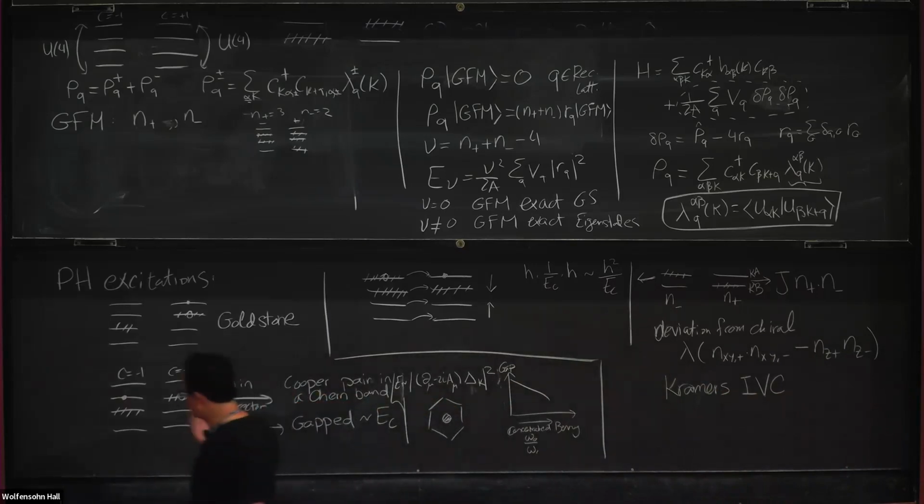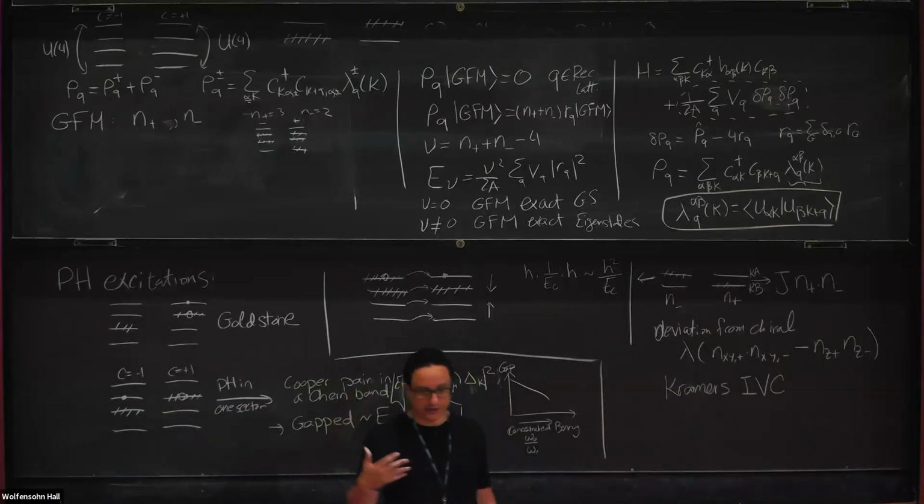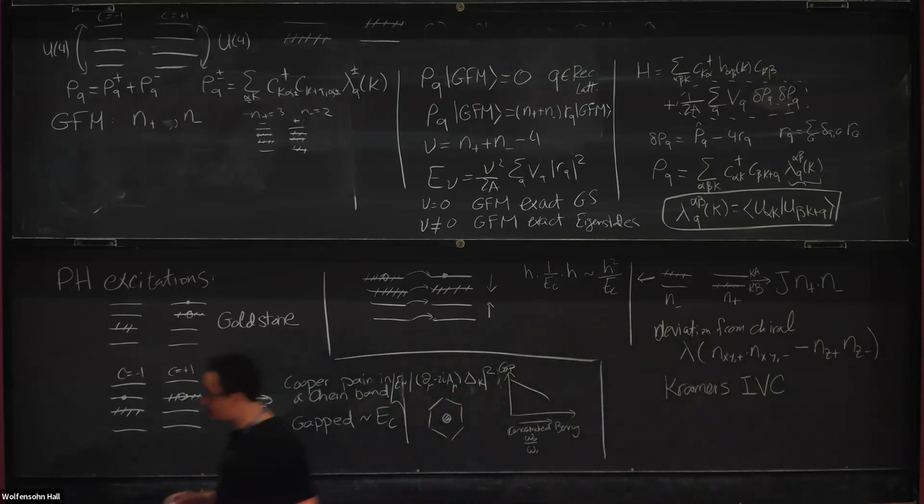But you can ask: is there a natural way to get superconductivity in this picture? It turns out there is a natural and also very unique mechanism that you get from this. It's an interesting way to get superconductivity, whether or not it is what really happens in twisted bilayer graphene.